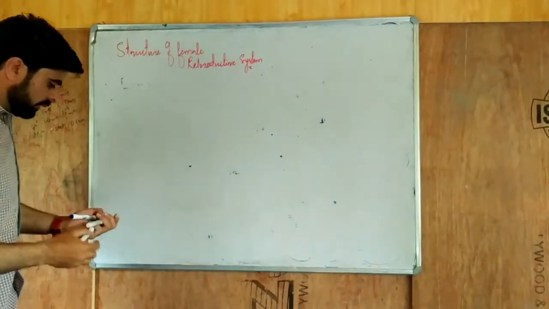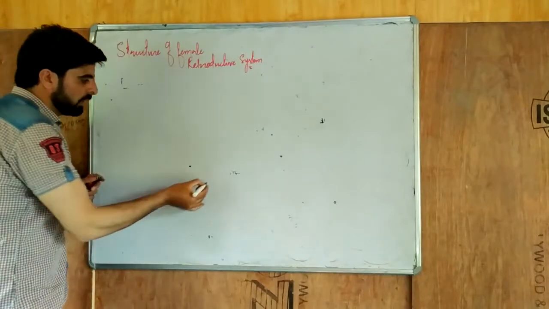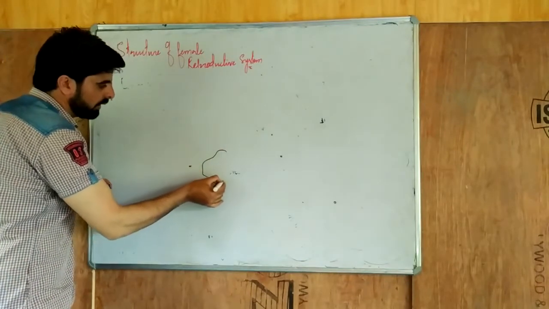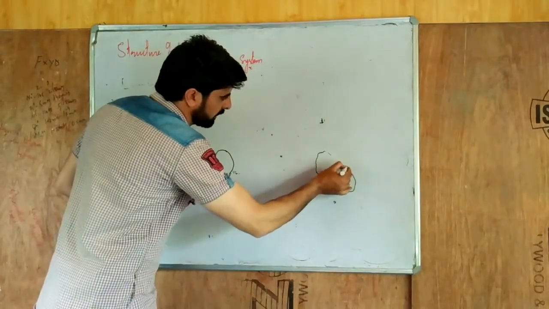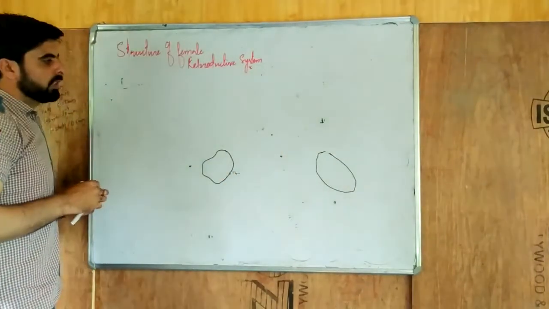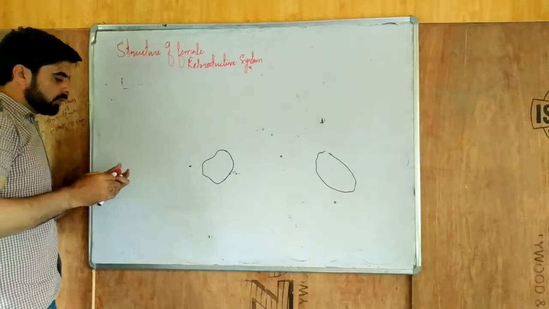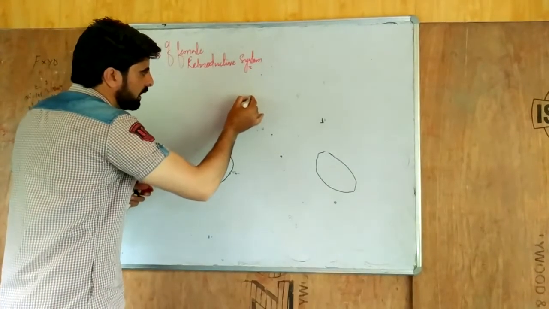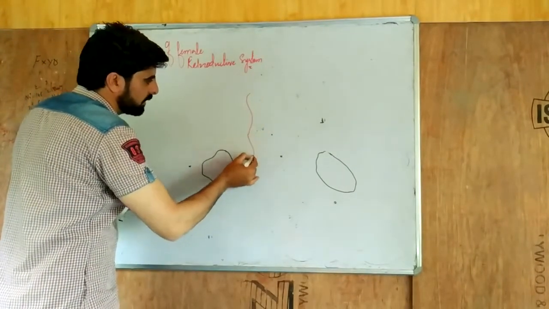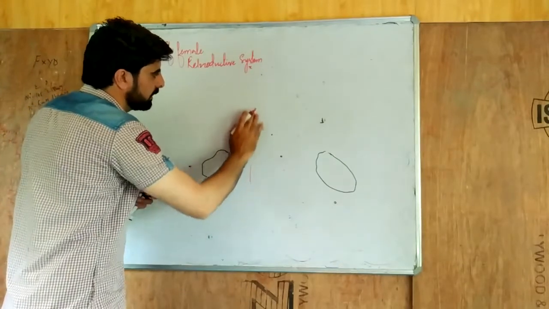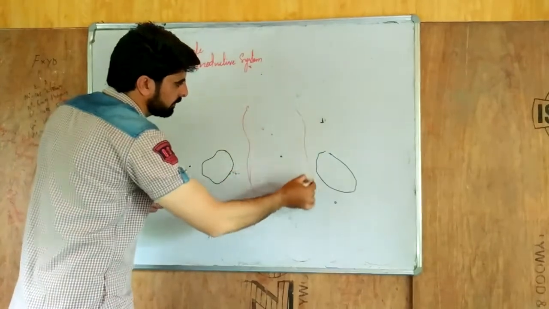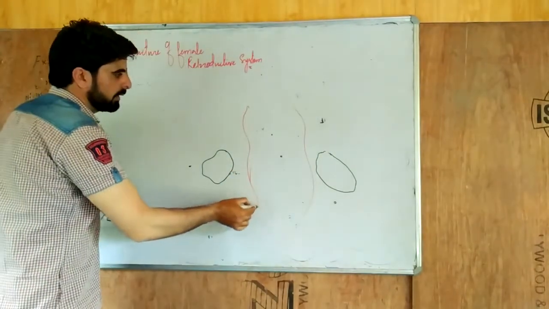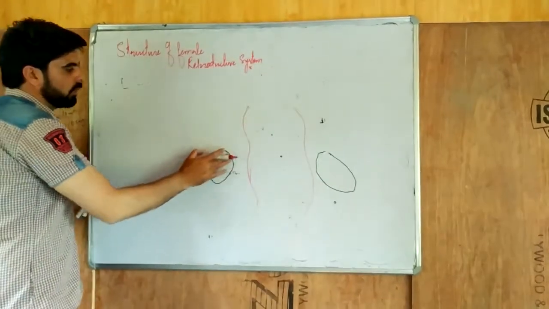The first thing present here is the ovary. This is one ovary, and this is another ovary located here. Say this is the uterus, drawn roughly, and these are the ovaries.